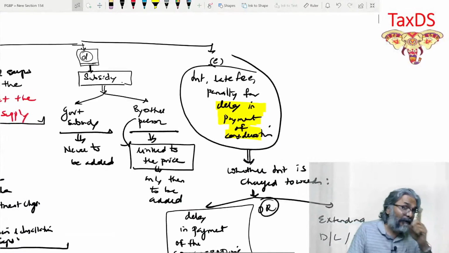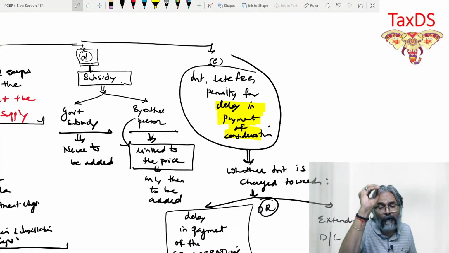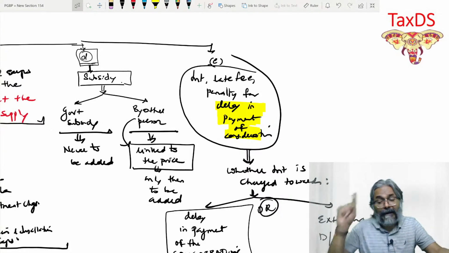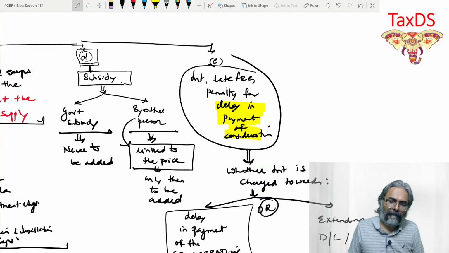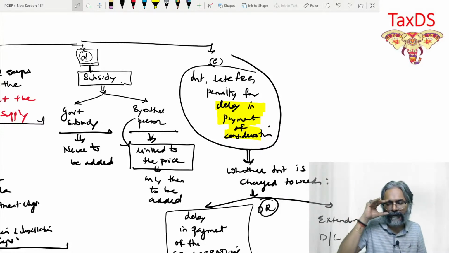The last addition is 15.2E, for which I told you that interest, late fee or penalty, if that is charged for the delay part, students. Be careful. I told you about the delay part. So interest, late fee, penalty, if it has been charged for the delay in the payment of consideration.